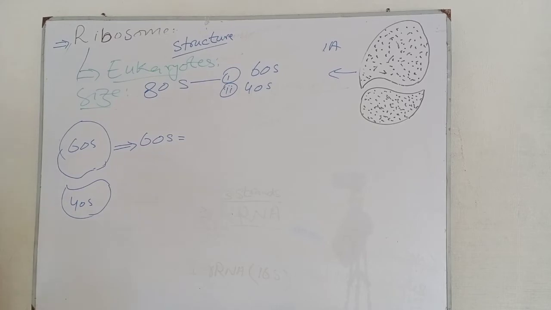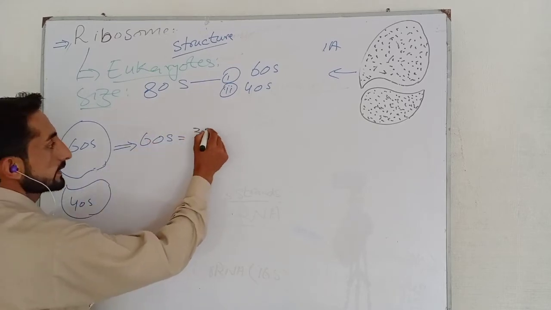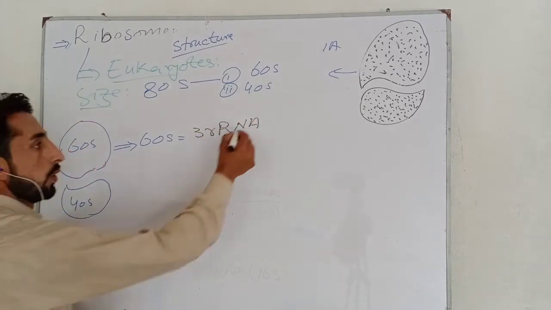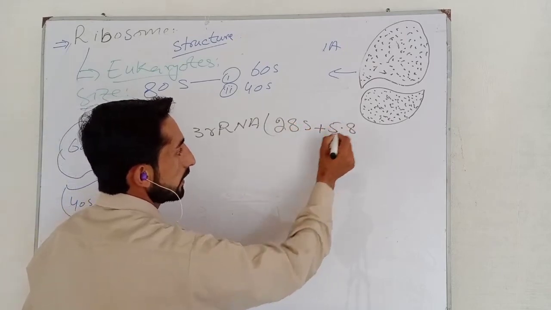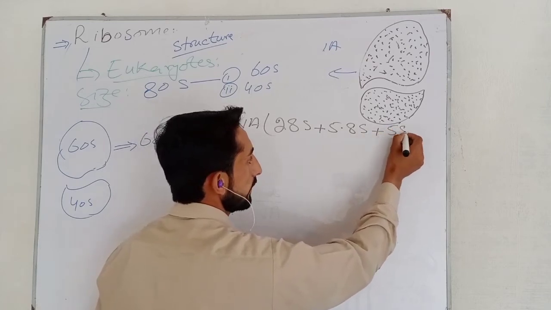Let's see. This 60S contains 3 ribosomal RNA molecules. One is 28S, the second one is 5.8S, and the other one is 5S.